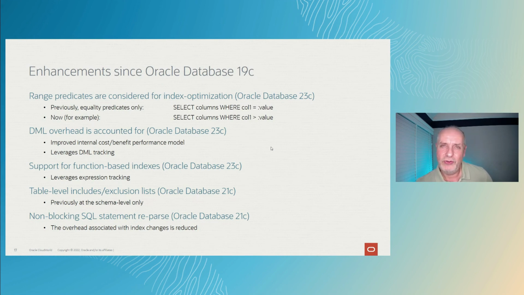Those particular objects you don't want auto-indexing to look at. Previously, you were able to exclude schemas, but that was deemed too coarse. You wanted something much more specific. So we've added this table level ability to exclude, or you can positively include specific tables if you want.